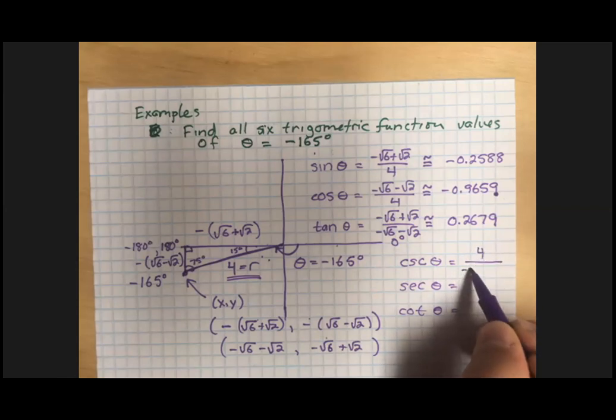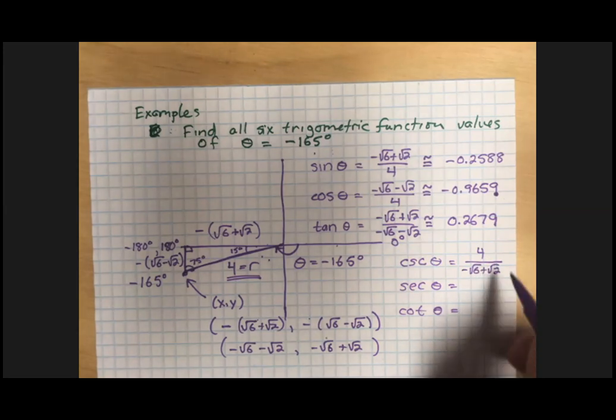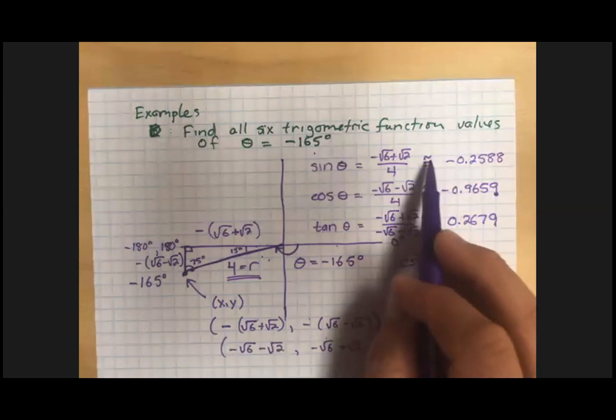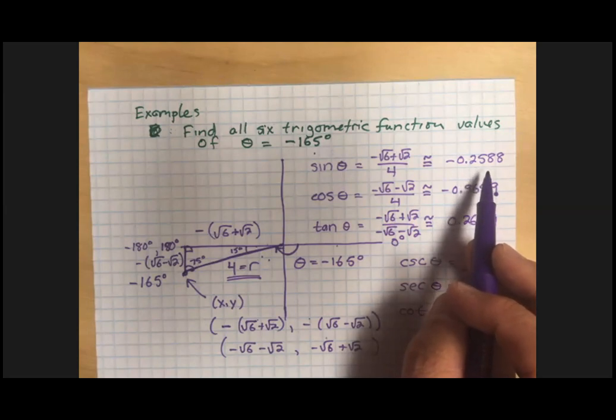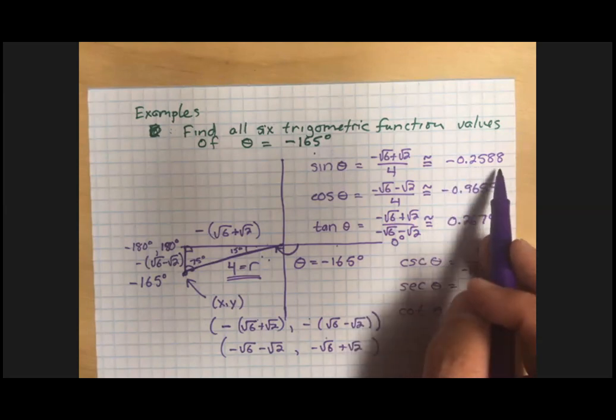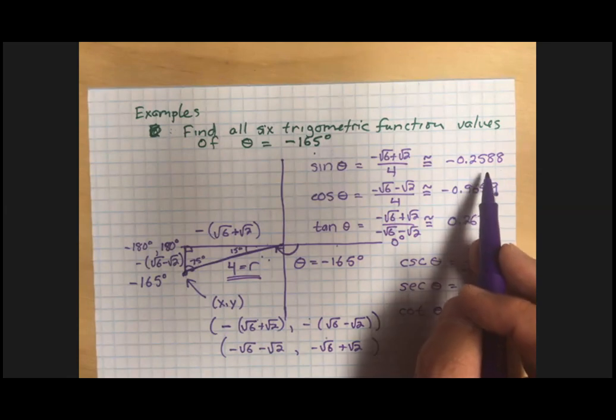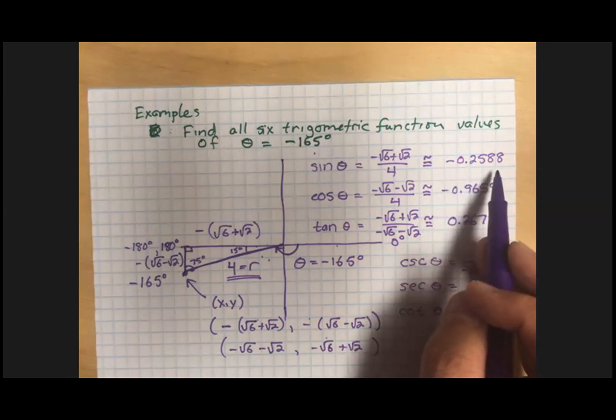So I just write 4 over minus root 6 plus root 2. Approximate it if someone asks you, but don't approximate it unless they're asking you to. Also, if you're approximating something, put a little wiggle on the top just to tell people that you know it's not exactly that, that there are more digits, but those are the first few digits.